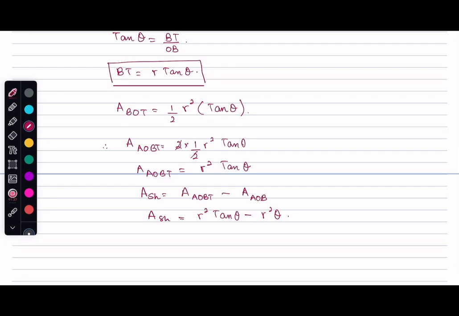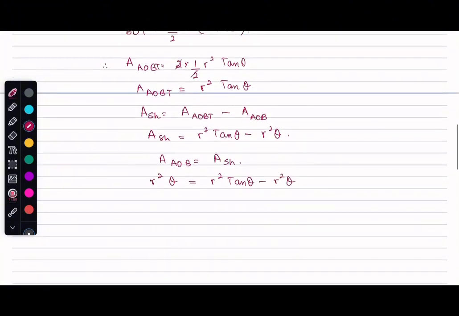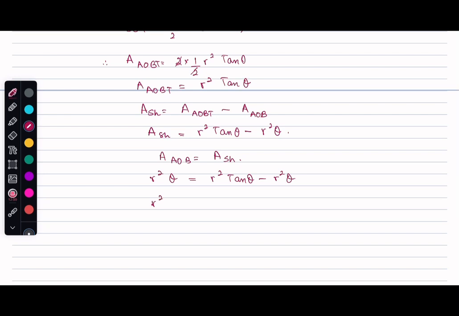And the question said that the area of the sector AOB was equal to the area of the shaded region. The area of the sector was R squared theta, which shall be equal to R squared tan theta minus R squared theta. Here my R squared can get cancelled, and I am left with tan theta minus theta, so it is going to be theta plus theta, which equals tan theta.